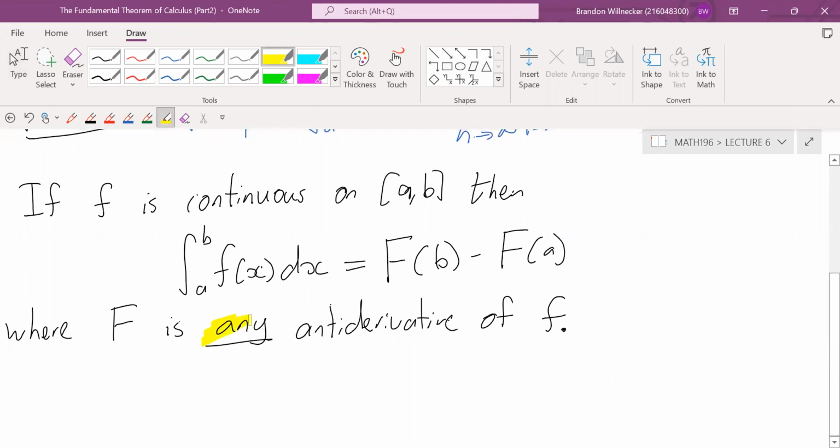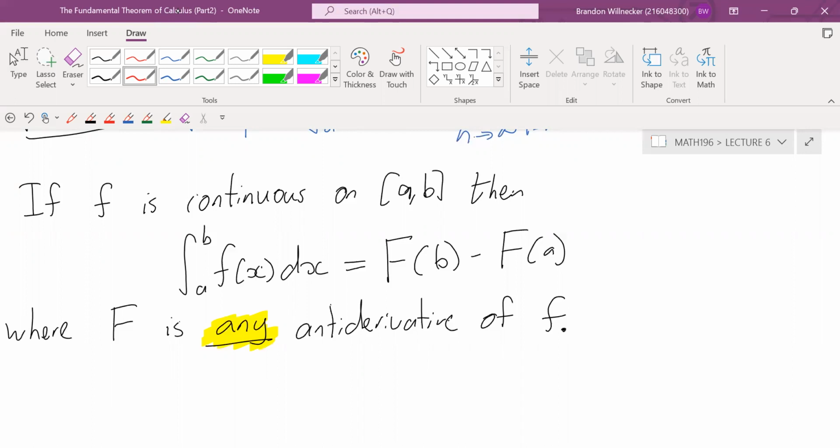Now, I underlined this "any" because it says that we can take any antiderivative, but you should be thinking to yourselves, well, if I can take any antiderivative, is this actually well-defined? Because if you take your favorite antiderivative, you might get some answer. But if your friend takes a different antiderivative, they might get a different answer.